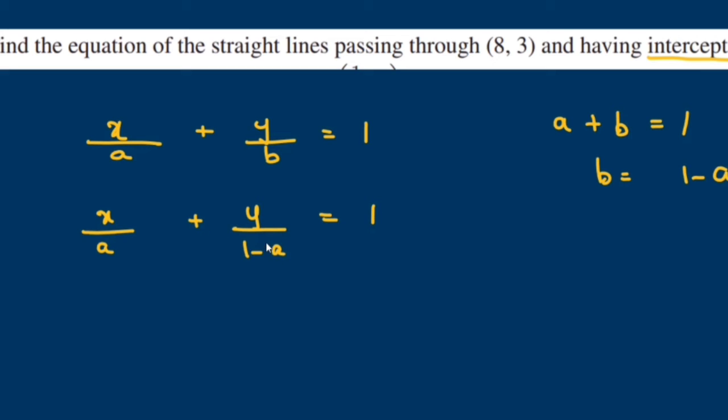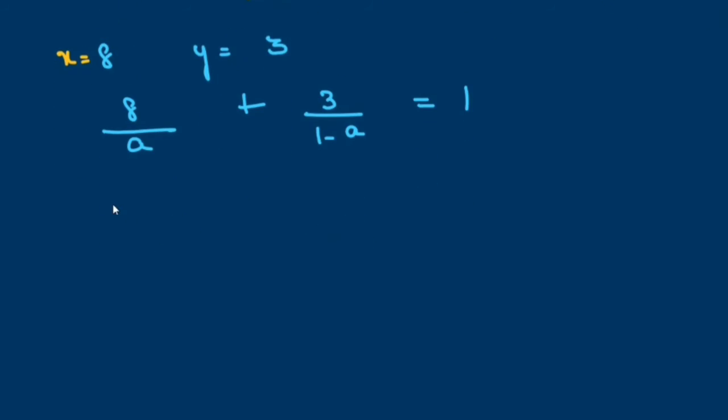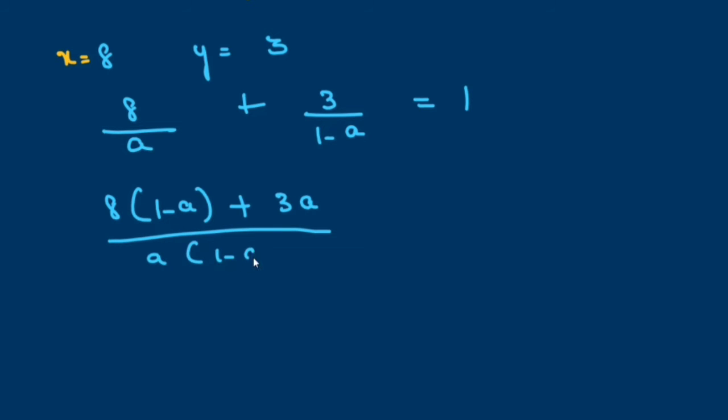Now how do you find this A? Always they will be giving the passing through points. Passing through 8, 3: put x is 8 and y is 3. So 8 by A plus 3 by 1 minus A is equal to 1. Just cross multiply this. 8 into 1 minus A plus 3A by A into 1 minus A is equal to 1.